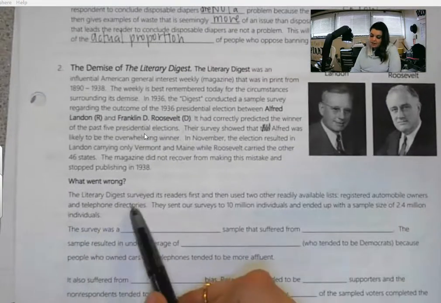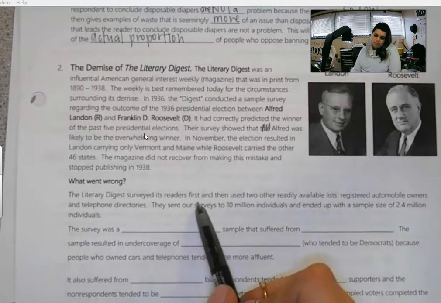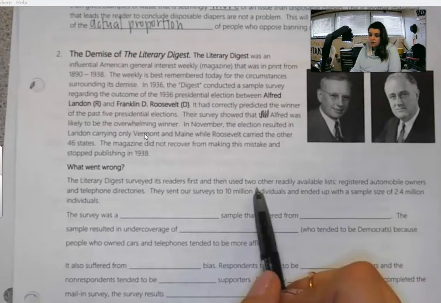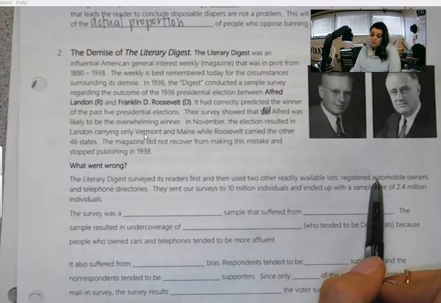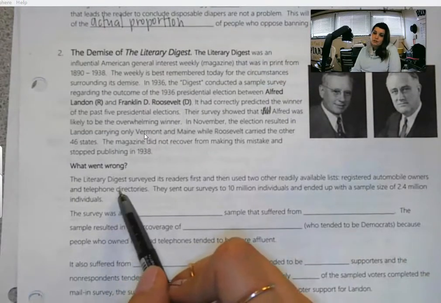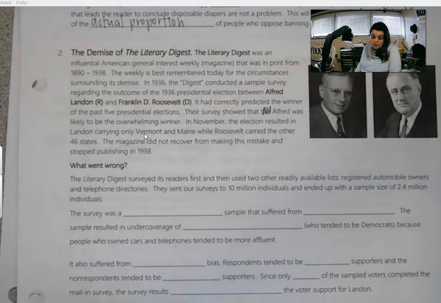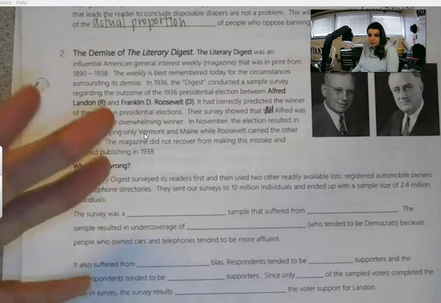Well, the Literary Digest surveyed first its readers. The first people they surveyed was their own readers, and then they used two other lists, registered automobile owners and telephone directories. Okay, so let's think about this. This would be convenience, because in order to include other people, you've got to go all over every state to make sure that you have a representative sample.